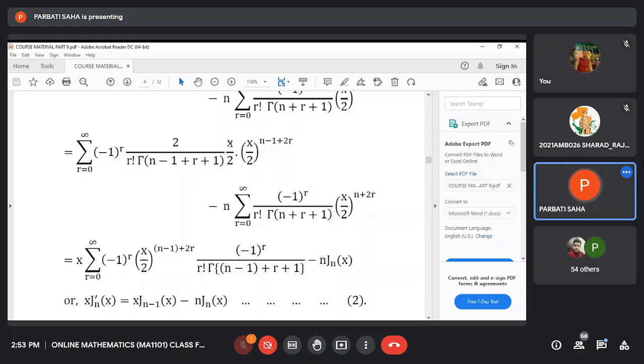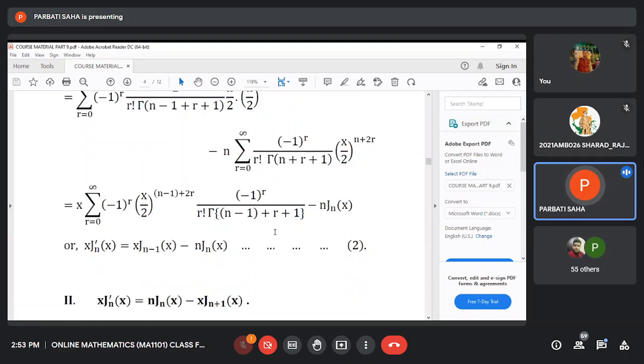The 2 has been cancelled from numerator and denominator. And now this is (-1)^r (x/2)^(n-1+2r), and the denominator is like this.